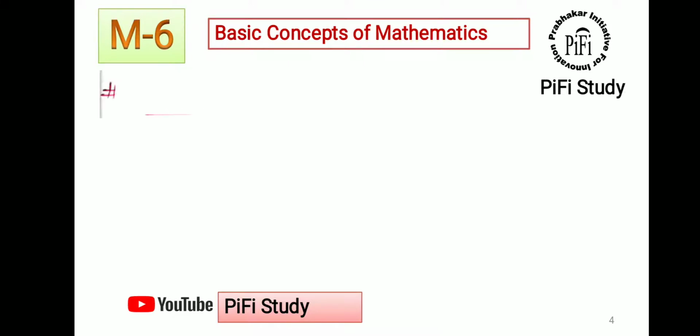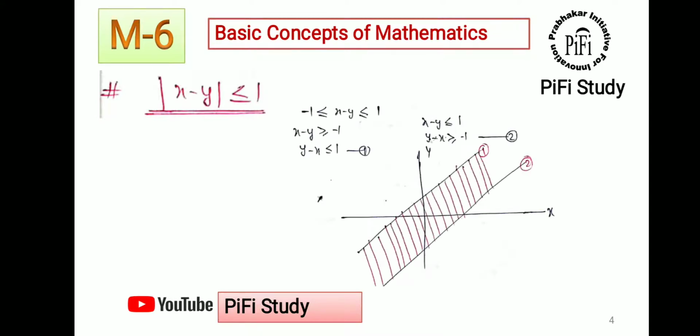So coming to the next slide, we have mod x minus y less than or equal to 1. In this case we will simply divide this problem into two cases, as in the first module I told you regarding inequality division, how we can separate the inequality if it is given for any case.